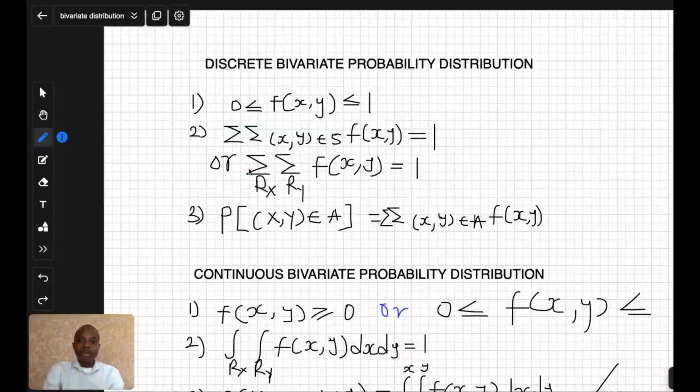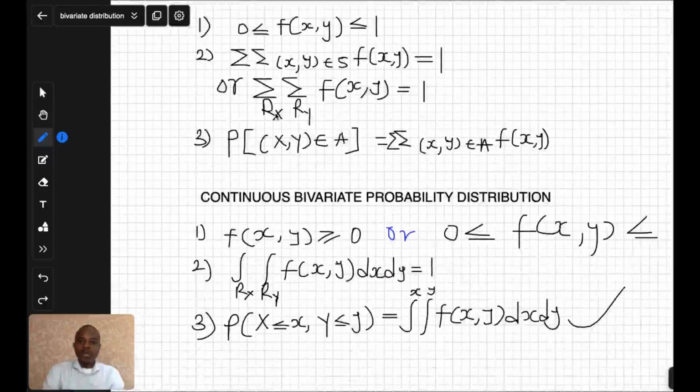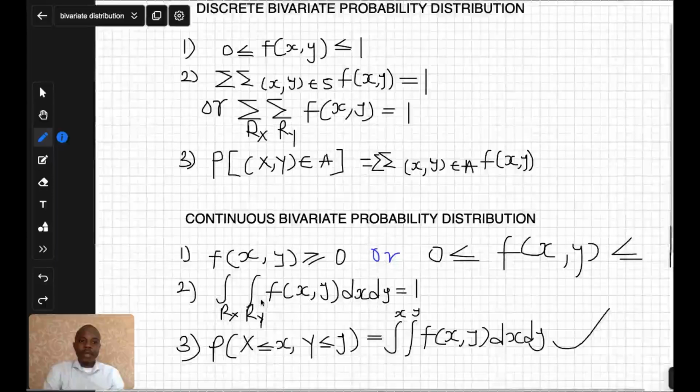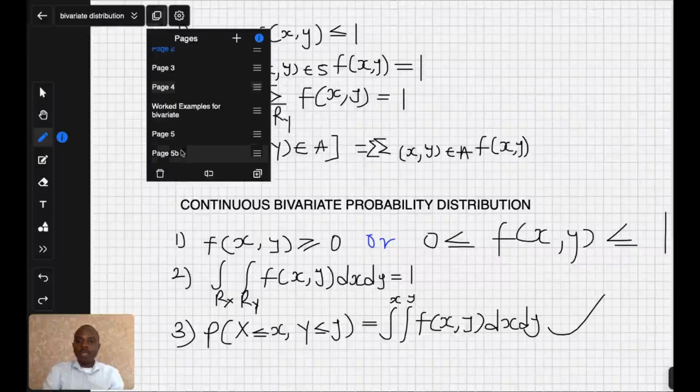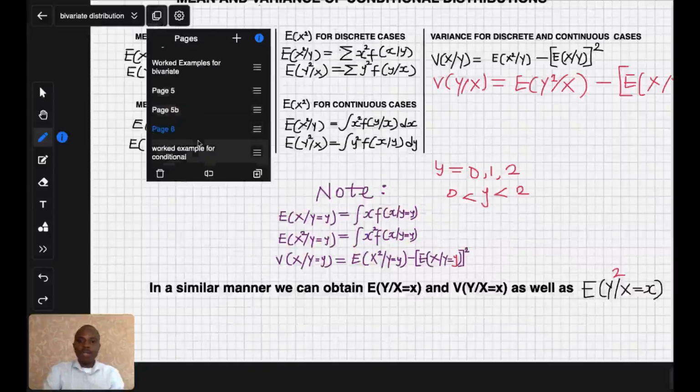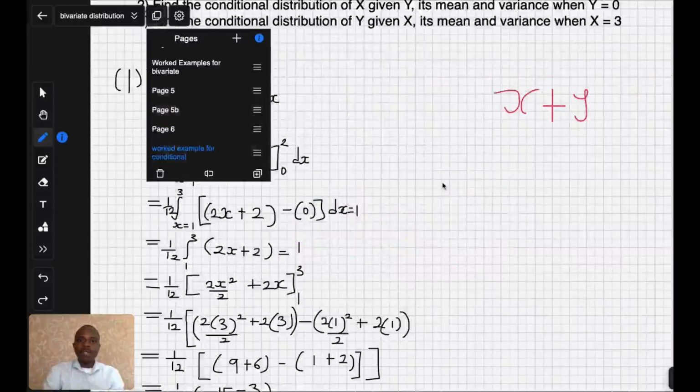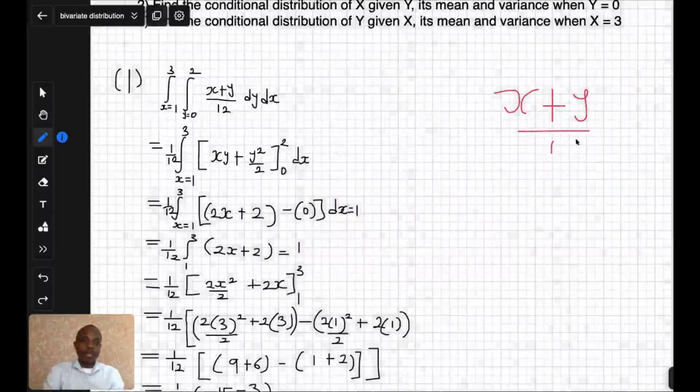Either way, when we do a double summation or double integral over the range of the two variables, in this case x and y, it should give 1, whether it's continuous or discrete. Our example is considering a continuous case.